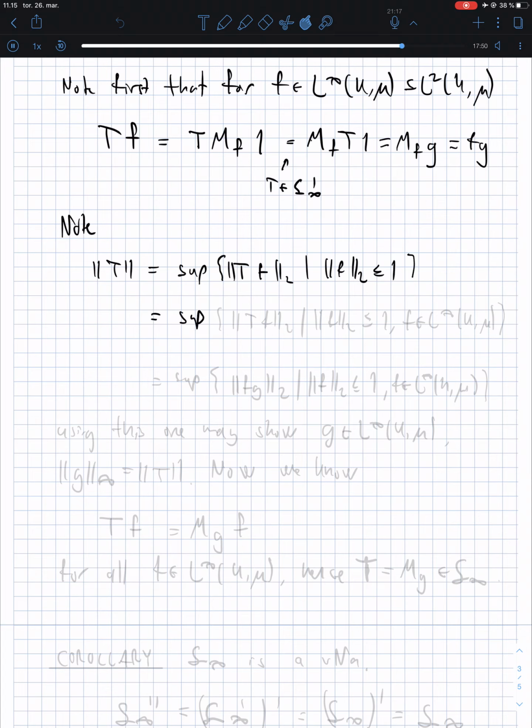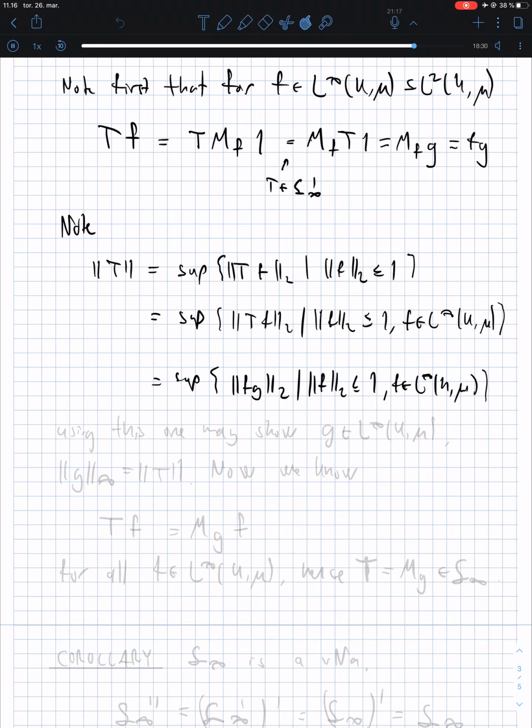But actually, since L infinity is dense in L2, which is a standard measure theory fact, then I can put that in and assume that f lies in L infinity of K, mu. And by the computation I just did, we know that Tf is the same as fg, so this is the sup of the 2-norm of fg, where the 2-norm of f is less than or equal to 1, f in L infinity of K, mu.